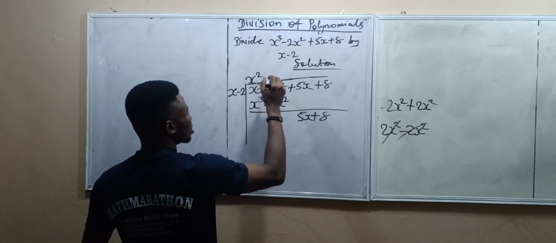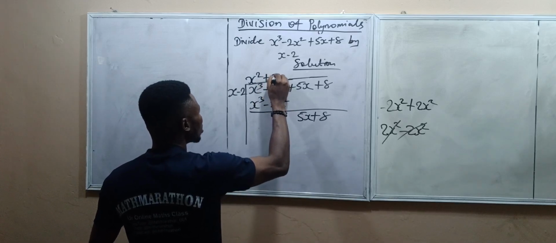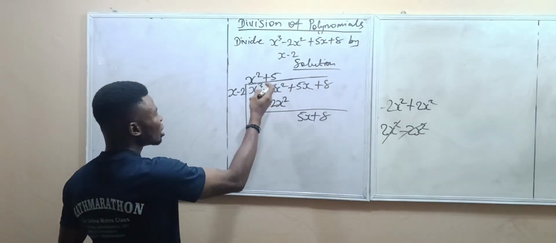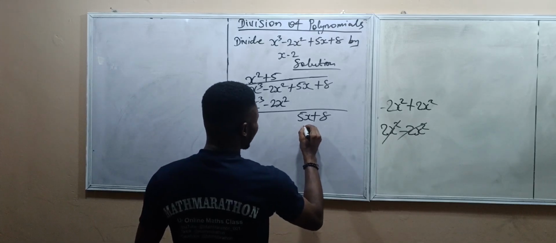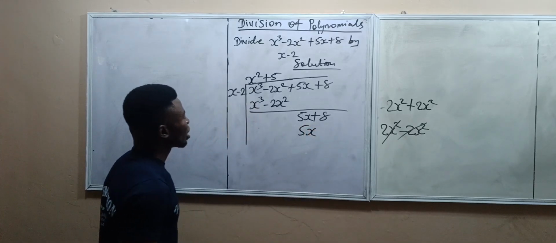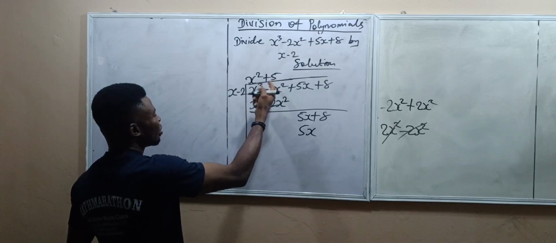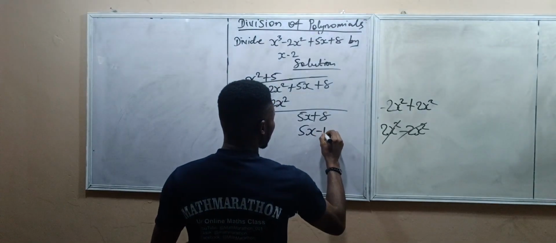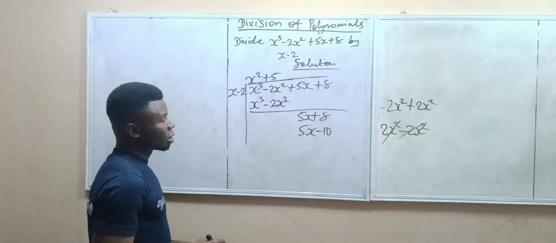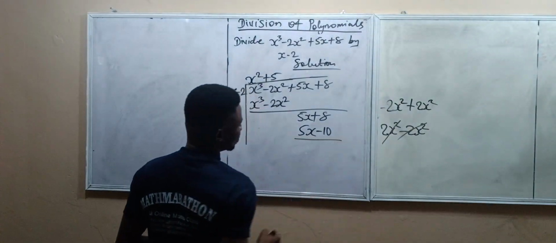And that is plus 5. Then plus 5 multiplied by x will give you plus 5x. Now that 5 multiplied by minus 2 will give you minus 10. Right?